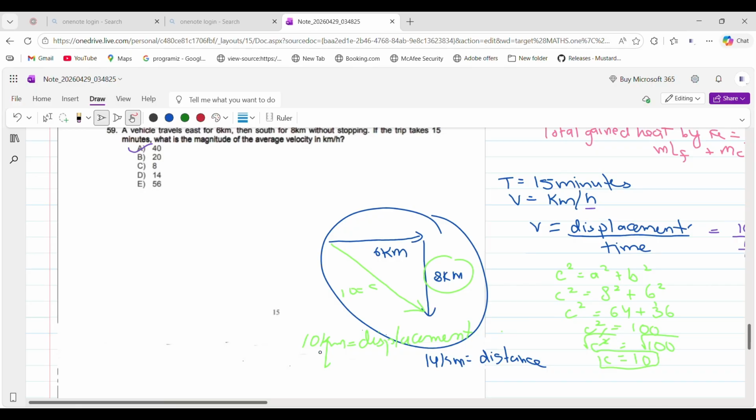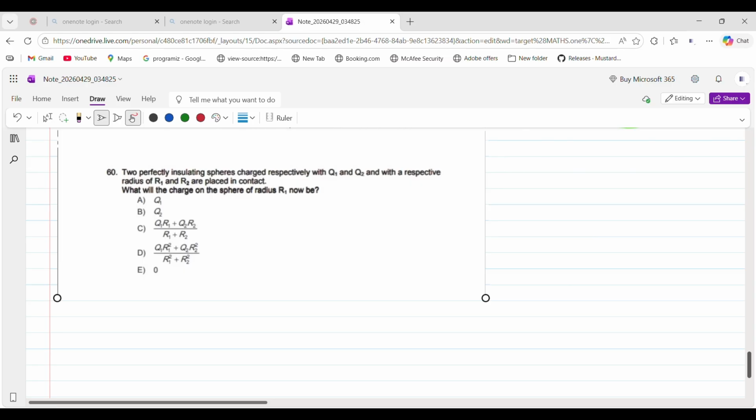Now basically we are left with our very last question. It is again very simple, and the very last question for today of physics. Two perfectly insulating spheres charged respectively with Q1 and Q2. So two spheres basically are given.